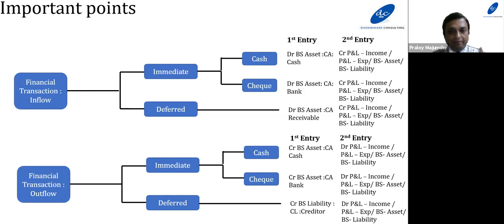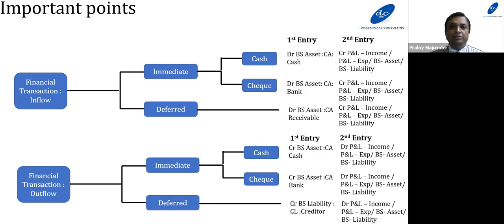So please pay attention and spend some time on these slides as well as the previous two examples. Now this is very simple. So that means you have learned a very important concept of how to convert financial transaction into accounting entries by adopting double entry system.